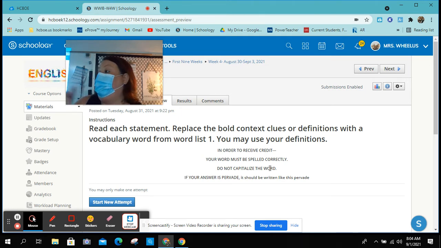Now, this is so very, very important right here. In order to receive credit, your word must be spelled correctly. Do not capitalize the word. All right, this is case sensitive. So that means that if you put a capital letter in there somewhere, Schoology is going to count it wrong.